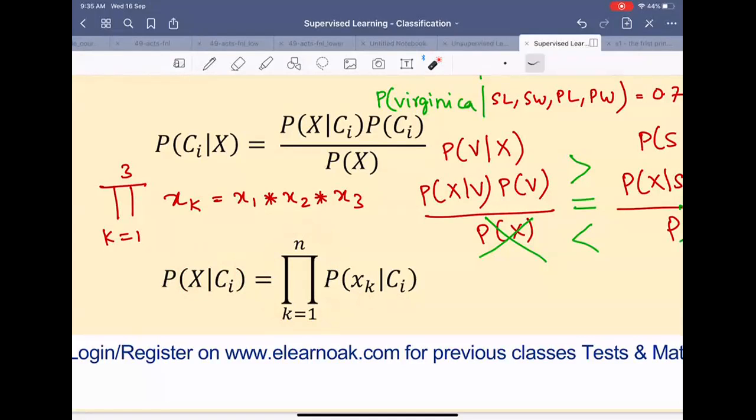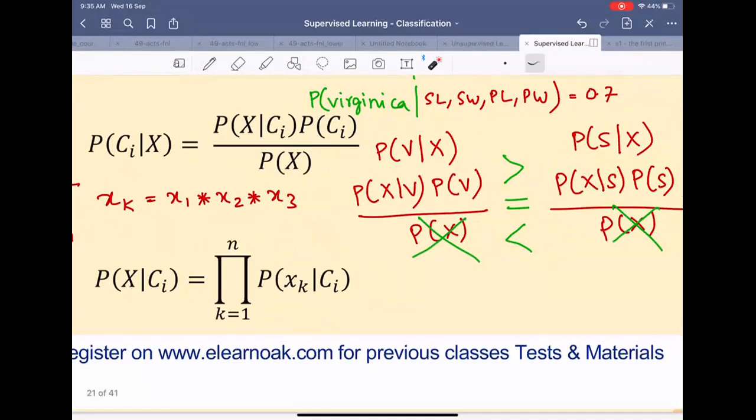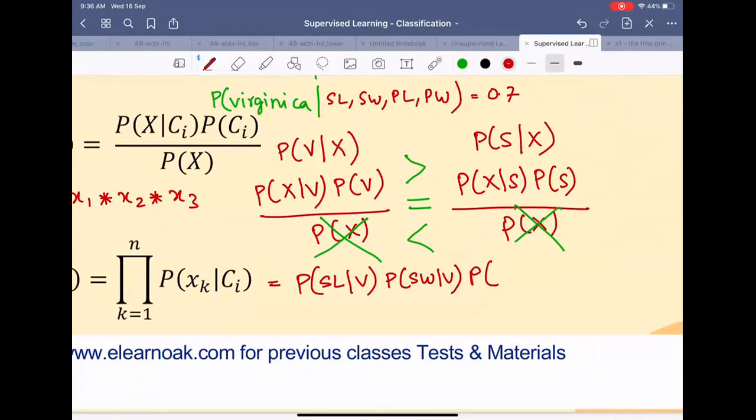In my example, evaluating the probability of a data sample given the class Virginica is equal to the probability of sepal length given Virginica, multiplied by the probability of sepal width given Virginica, multiplied by the probability of petal length given Virginica and the probability of petal width given Virginica.